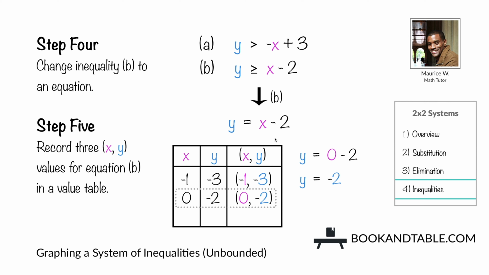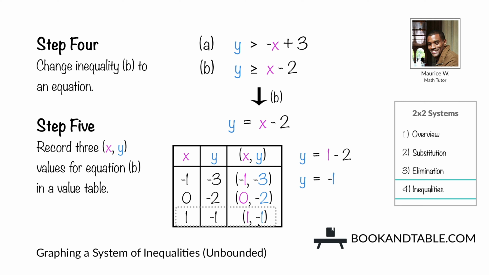And now we plug in x is equal to 0. Y is equal to 0 minus 2, which should be equal to -2. So when x is equal to 0, y is equal to -2. And now for our third point, we'll plug in positive 1 for x, giving us y is equal to 1 minus 2, which is equal to -1.